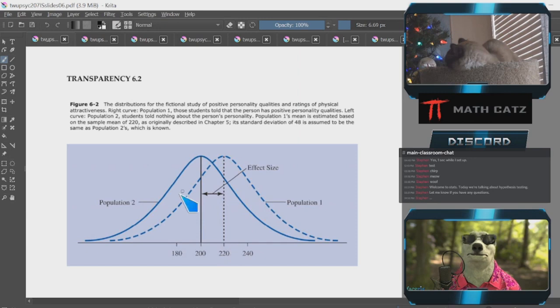If we then overlay the distributions for population 2, the reference population in our null hypothesis, and population 1 suggested by way of this sample, if our sample is a good representation of the true mean of this new population 1, then you see that it's in truth this dotted line over here, and the effect size essentially measures the gap there, how far away population 1 actually is from 2.